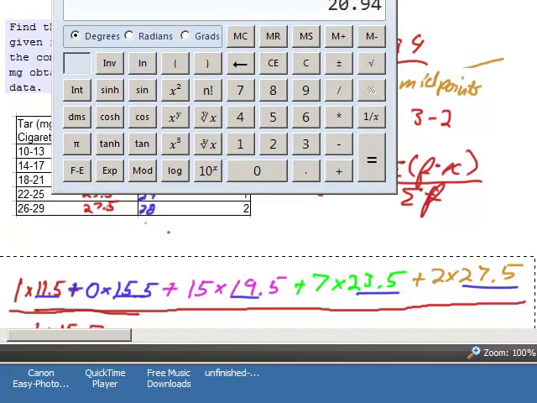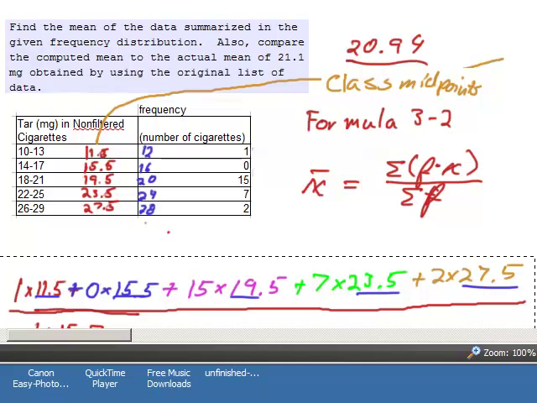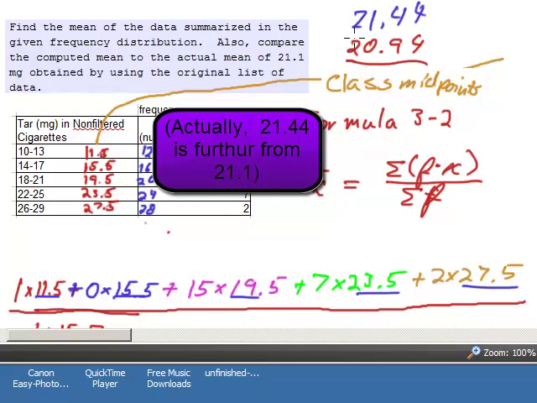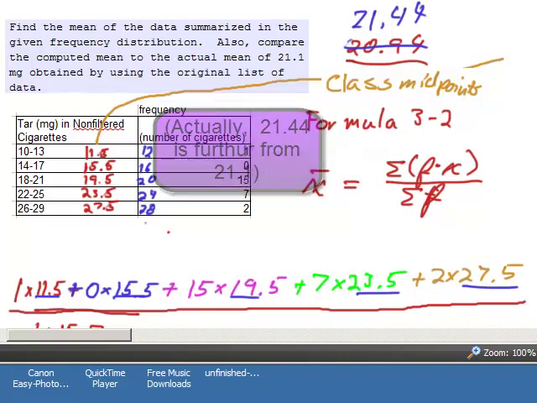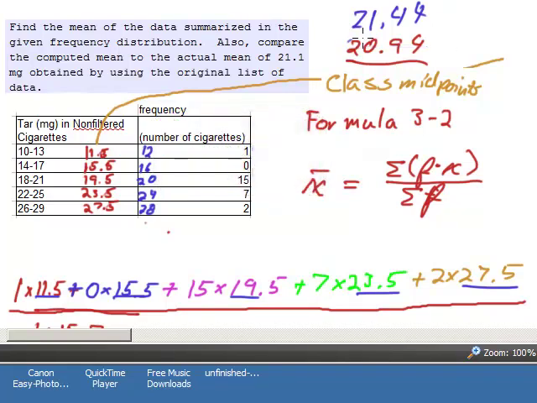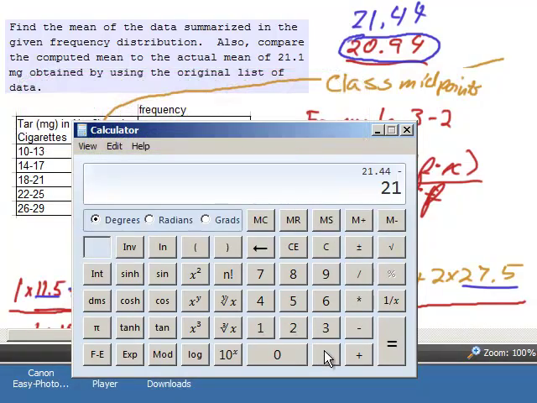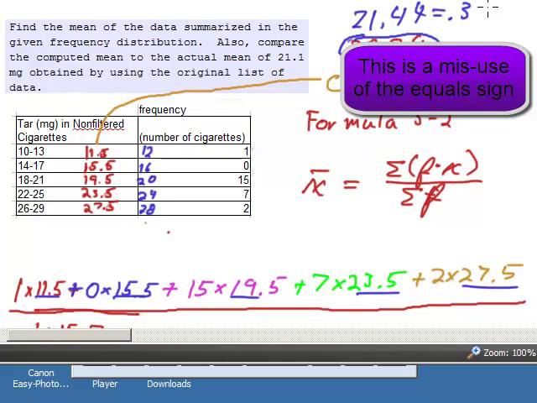20.94 plus 0.5 is 21.44, and this just would have been closer to the actual answer, 21.1. No, on second thought, the 20.94 is just a little closer. If I take 21.44 minus 21.1, I get 0.34 off.